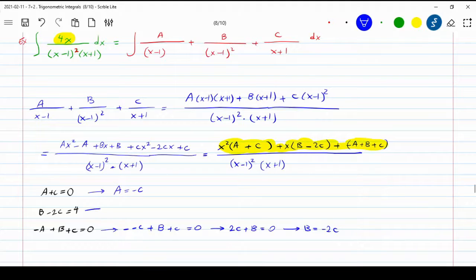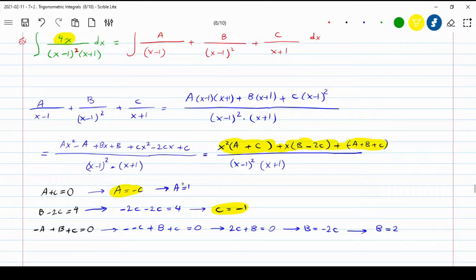So in this equation, instead of b, I replace negative 2c. So you would have negative 2c minus 2c equals 4. That tells me what c is. c equals negative 1. So if I found one of these variables, it becomes easy to figure out the other ones. Since I know a equals negative c, I can say a must equal 1, and since I know b equals negative 2c, b must equal 2.